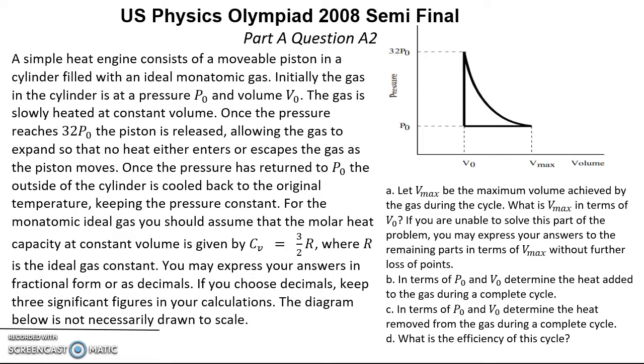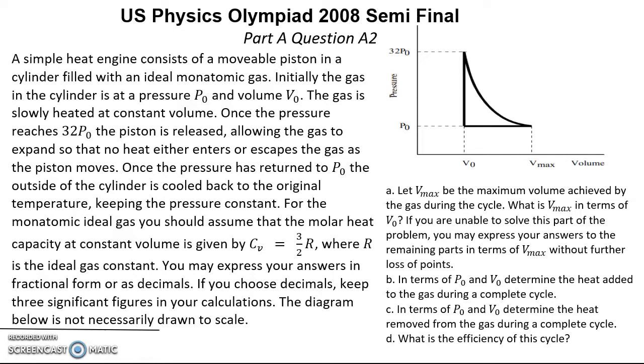You may express your answer in fractional form or as decimals. If you choose decimals, keep 3 significant figures in your calculations. The diagram below is not necessarily drawn to scale. Questions.